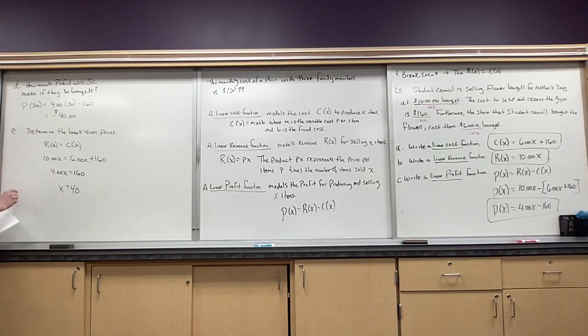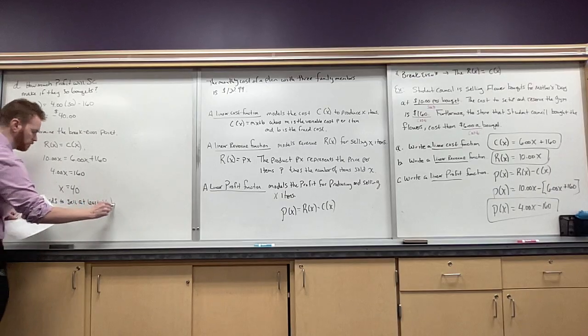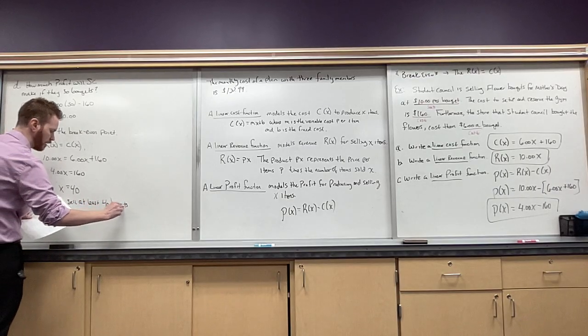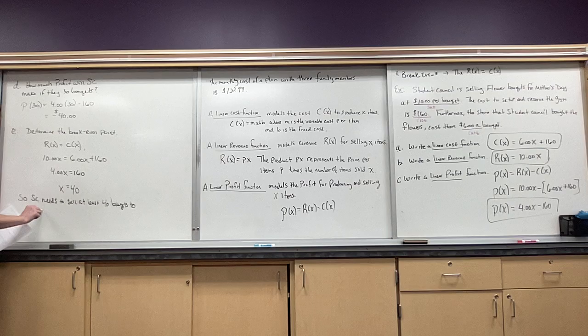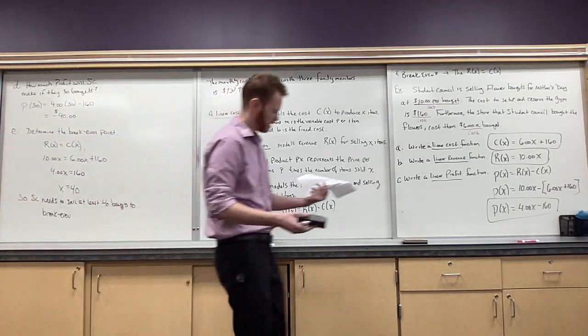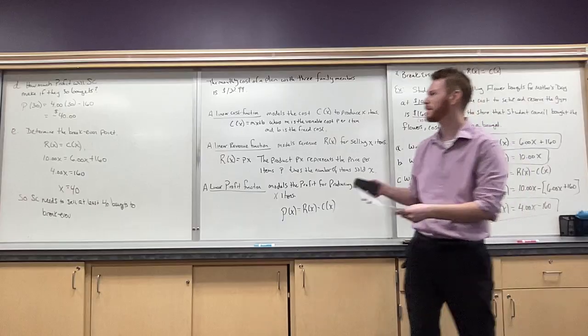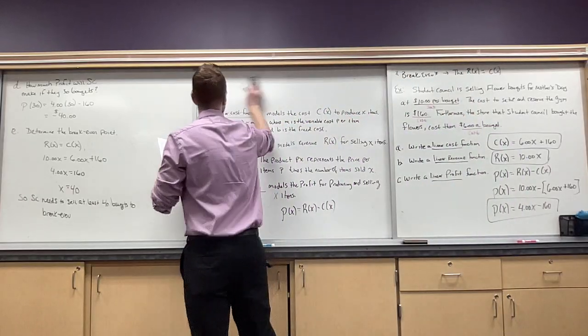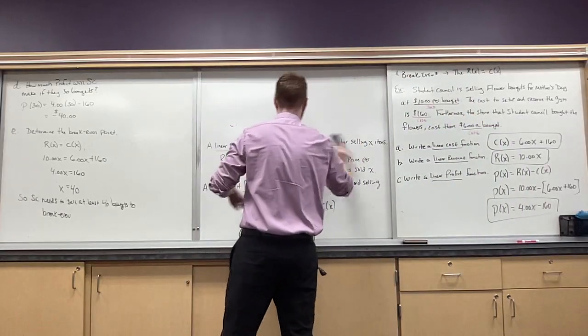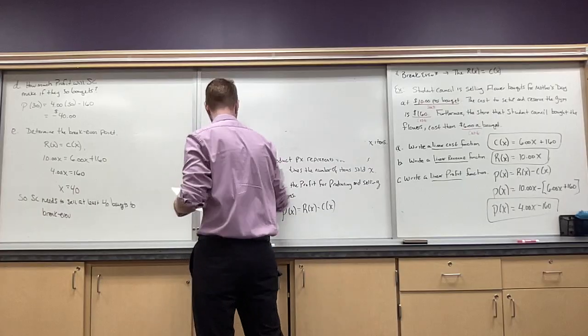I'll say SC needs to sell at least 40 bouquets to, well, yeah, to break even. But I would tell them, hey, sell more than 40 if you want money. If you value your time and want to make some money, sell more.